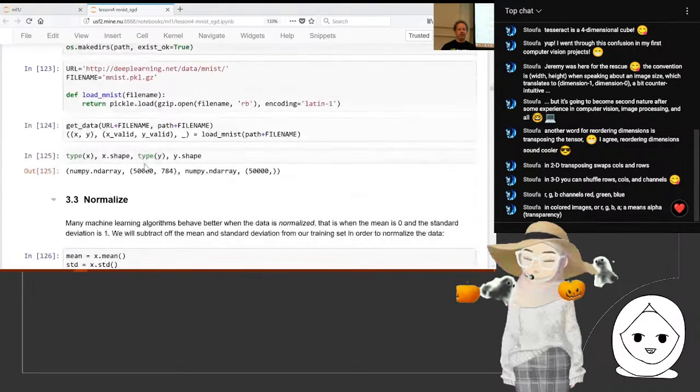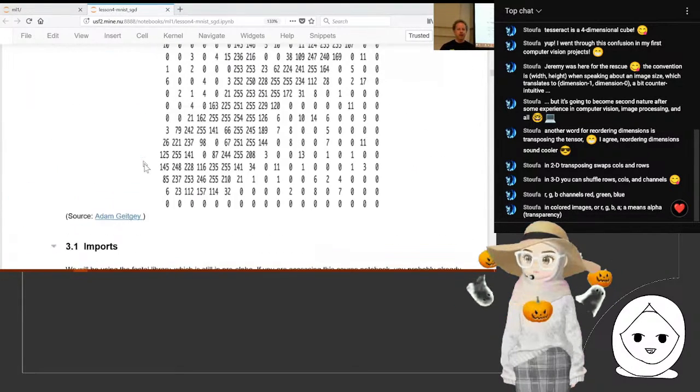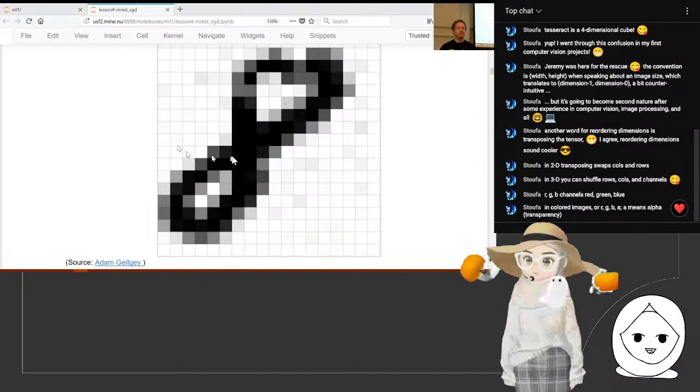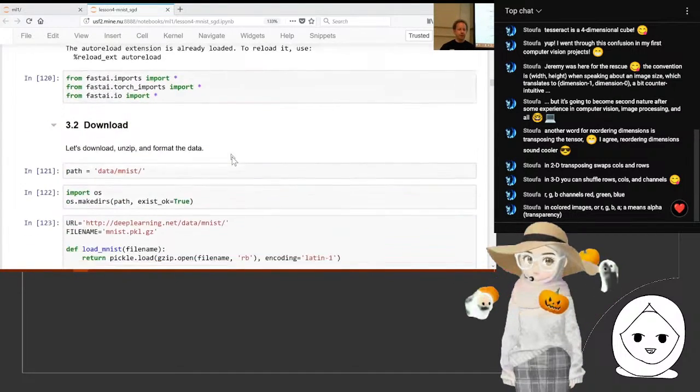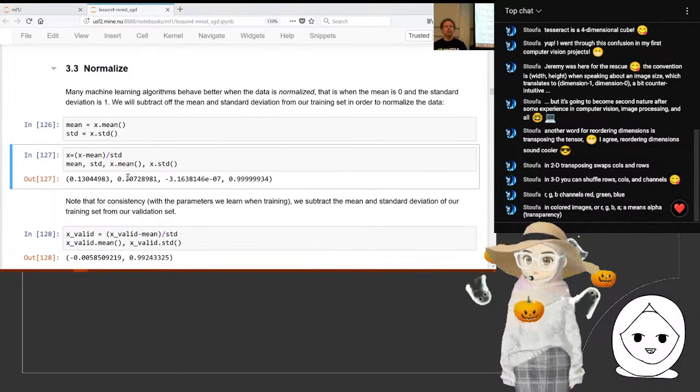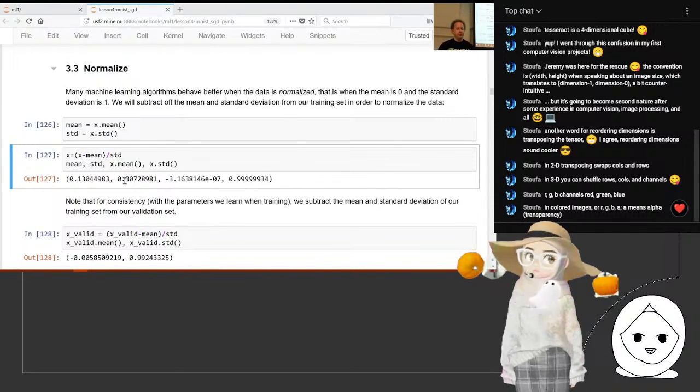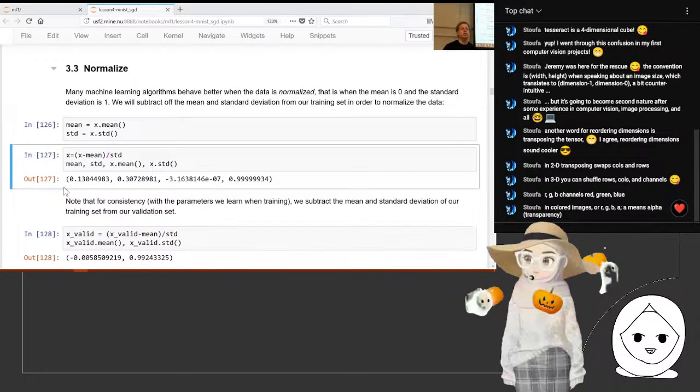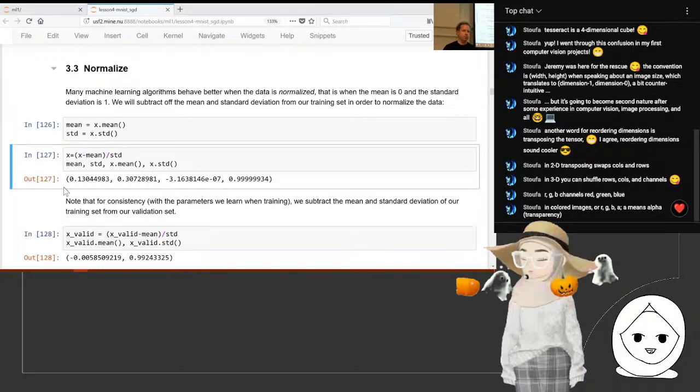So it's basically, on average, how much black is there. We have a mean and a standard deviation across all the pixels. In computer vision, we would normally do it by channel. So we would normally have one number for red, one for green, one for blue.